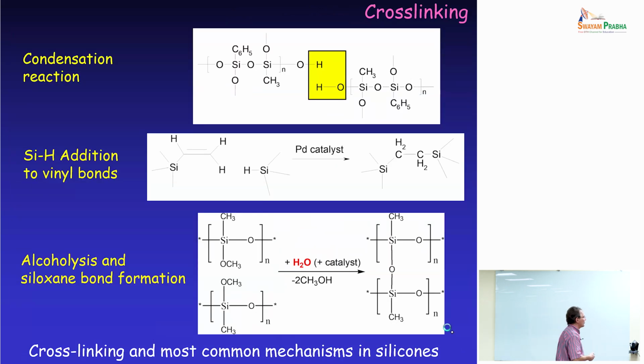In terms of cross-linking, you can use siloxanes that contain silanols. There are polymers that have SiH moieties and vinyl moieties. So you can do this type of reaction, or you can have some other reactions like alcoholysis.